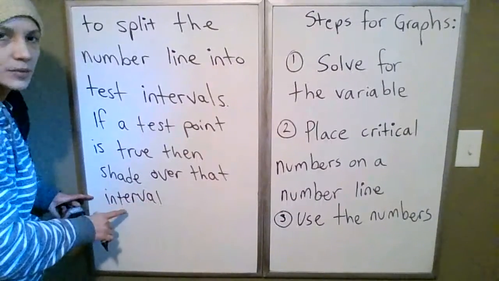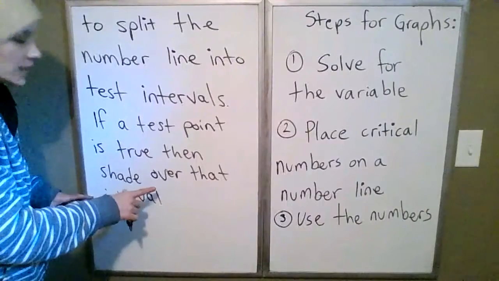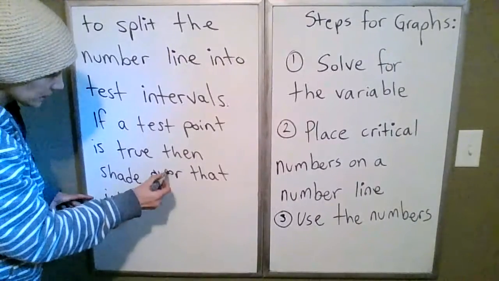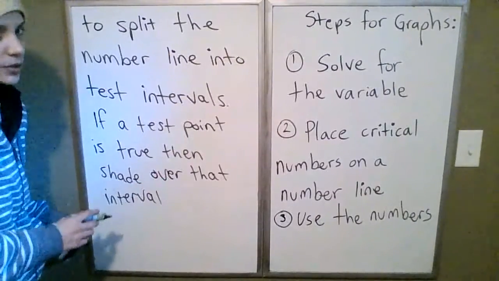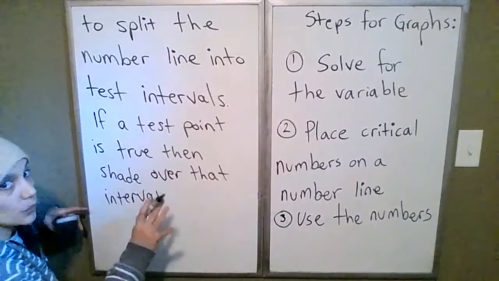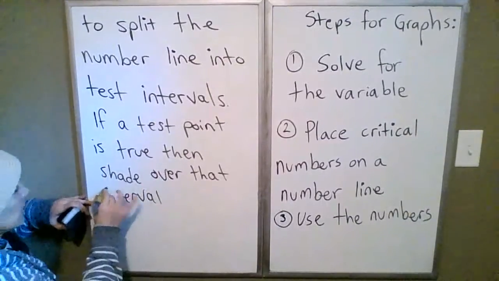Okay, so whatever interval that test point is from, shade over it. If it's false, it's not a solution and you don't want to shade that section.